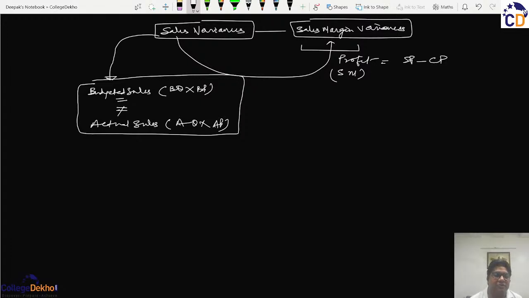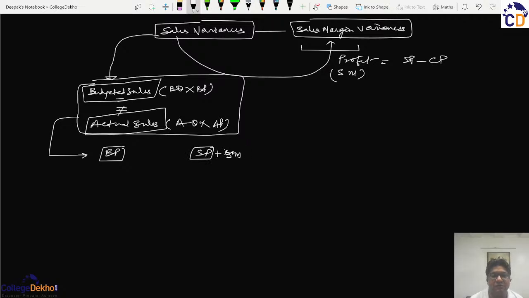There can't be any adaptation here, because what you have planned is the budgeted sales and what you have achieved is the actual sales. The difference between the two denotes the sales variance, and that may have an impact on your estimated profits. The budgeted price must have been estimated on the basis of a standard price, and on that you estimated your budgeted sales margin.